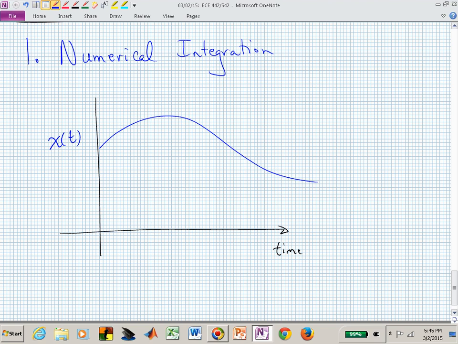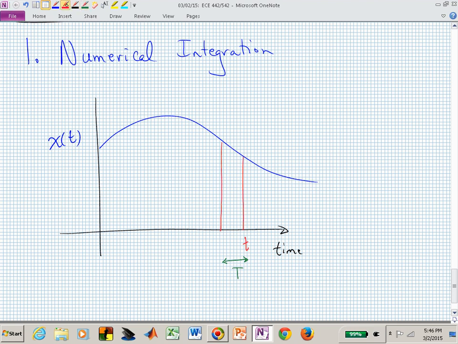We're trying to integrate the area, or find the area under that curve, x of t, by numerical integration. Let's now identify a couple of points on here. Let's say this time is t, and this width is 1 sample period in thickness.